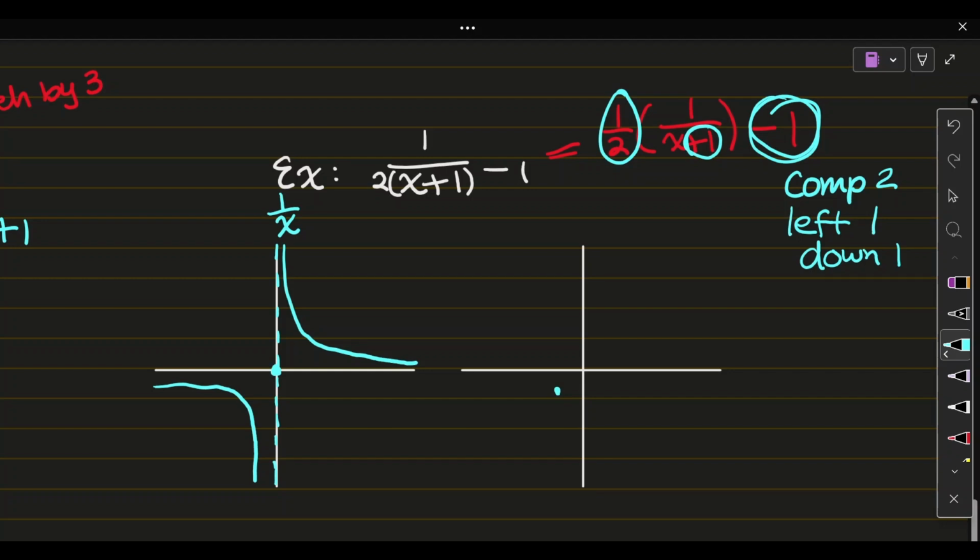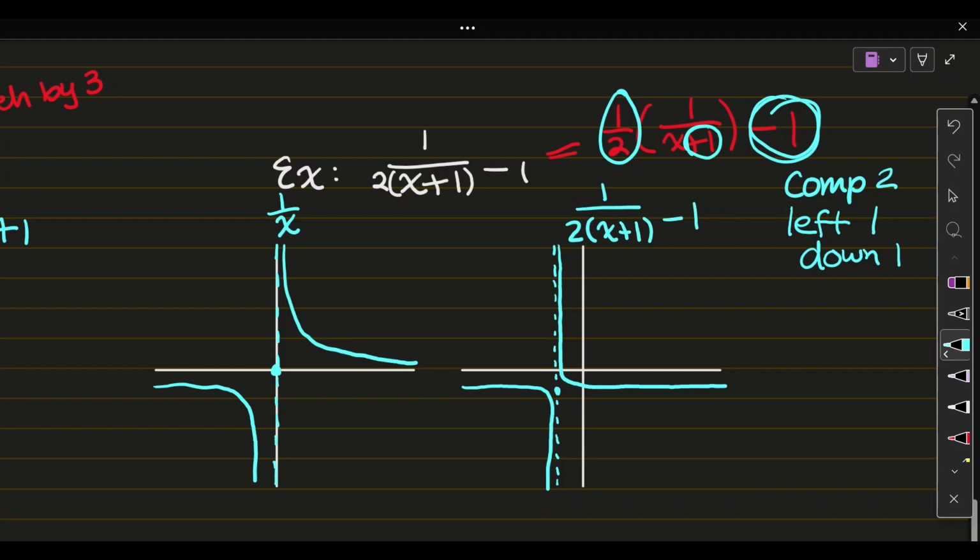So this will be where the origin kind of goes. My asymptote will still be vertical. And then I compress by a factor of 2. So I'm looking at something that looks like this. It kind of hugs that line more tightly. Okay. There we go. That's what that function would look like. So this is the graph of 1 over 2 times x plus 1, minus 1.